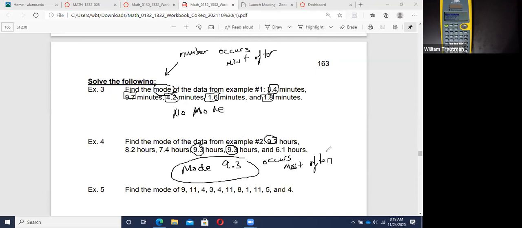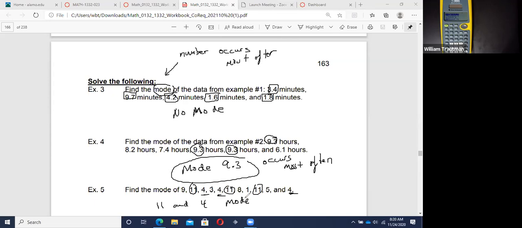Okay, find the mode of the next problem. I have 11 three times, 4 three times, and 9, 3, 8, and 1 only occur once. So there are 2 modes because they both occur the most often. So 11 and 4 are the modes. You can have 2 modes, possibly even 3 modes.